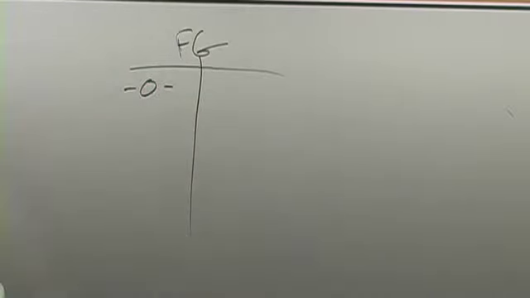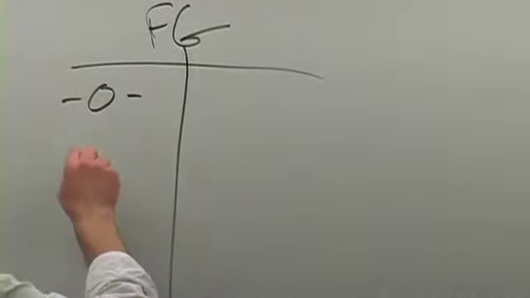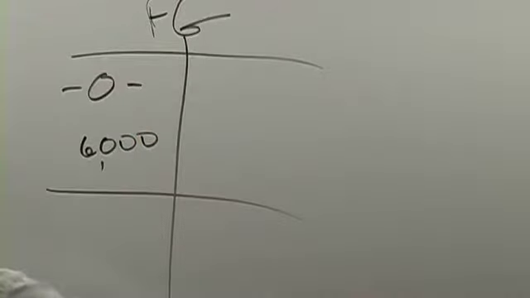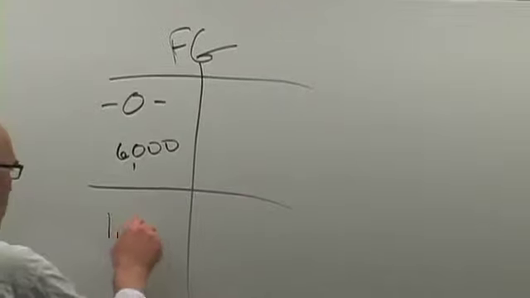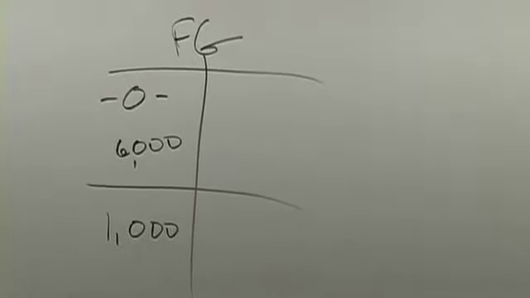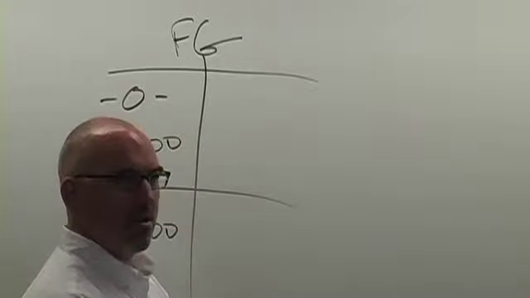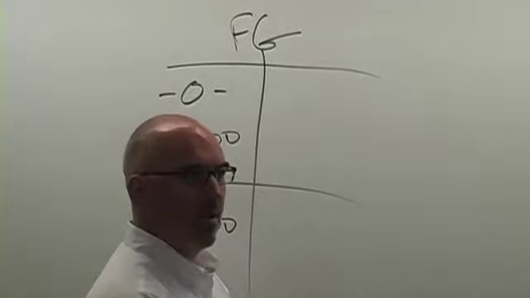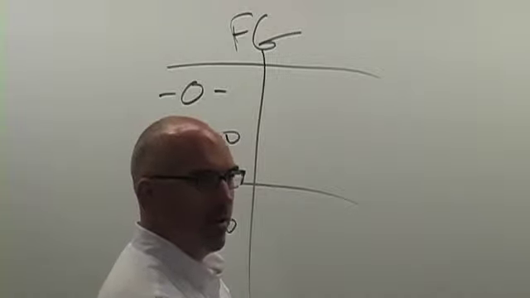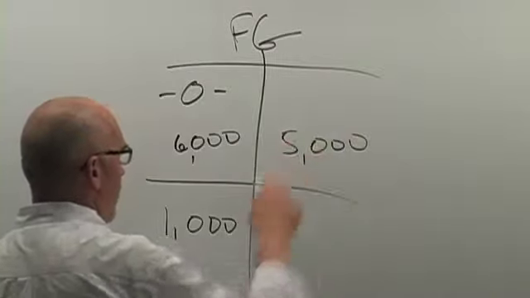How many did we produce? 6,000. What other number do I need on the board? 1,000. And then what other number, Sarah? 5,000.